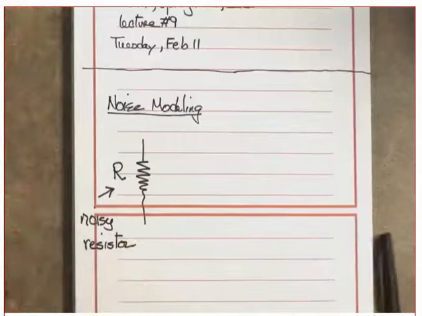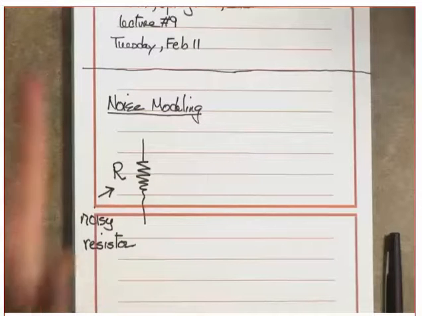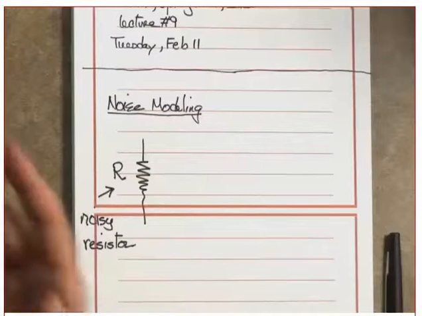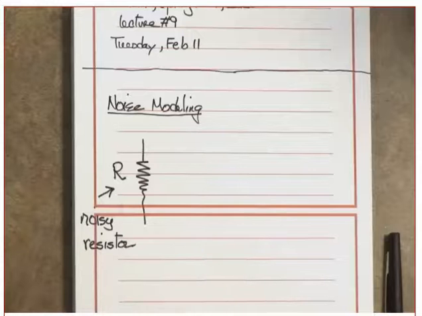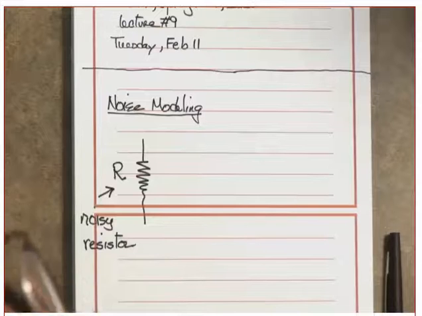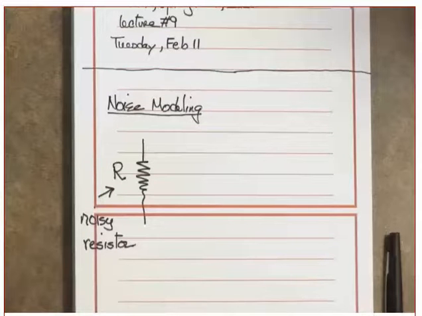Notice, by the way, the noise is a random signal, which means I cannot describe it by an equation like I did for the nonlinearity analysis, where I say let the signal be A cosine omega naught t, A cosine omega 2t. I cannot do that. Here I need to deal with it in a statistical fashion.